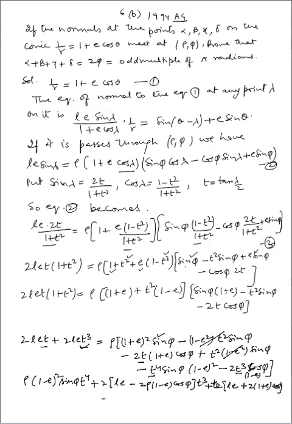And then the constant: minus rho times 1 plus e square sin phi is equal to 0.